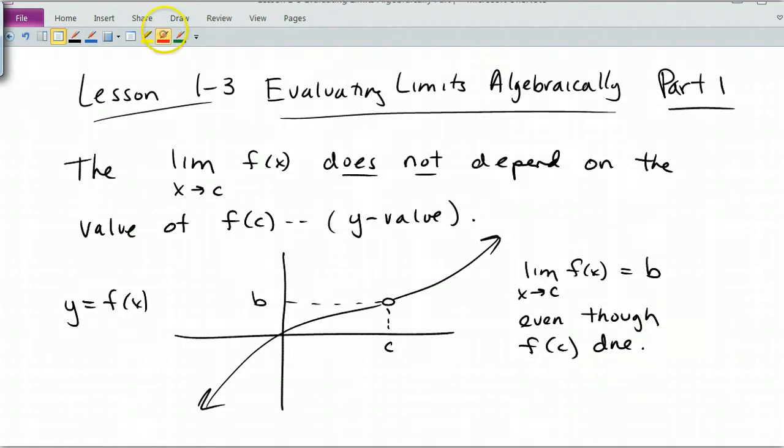That's because when you're taking the limit as x goes to c, you're only looking in the neighborhood of c. If you look to the left and to the right, and the function is going to the same y value from the left as from the right, then that is your limit, and it's b.